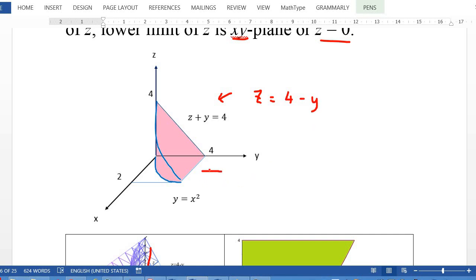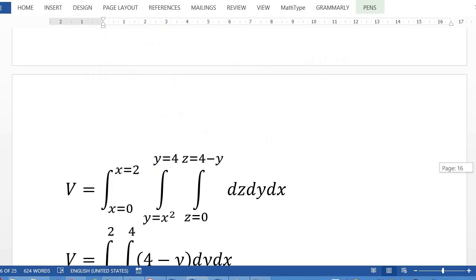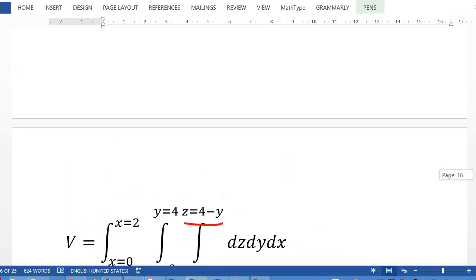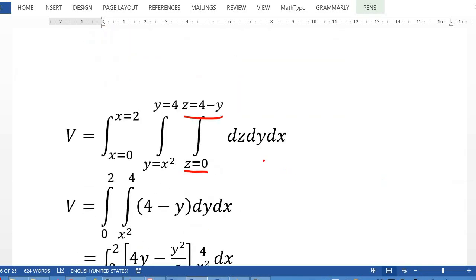The bottom surface here is z equal 0. And you integrate with respect to z first, from 0 until z equal to 4 minus y.